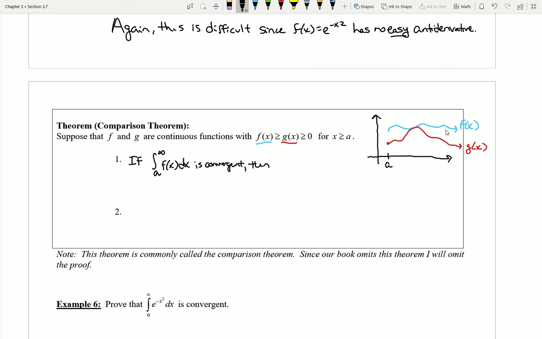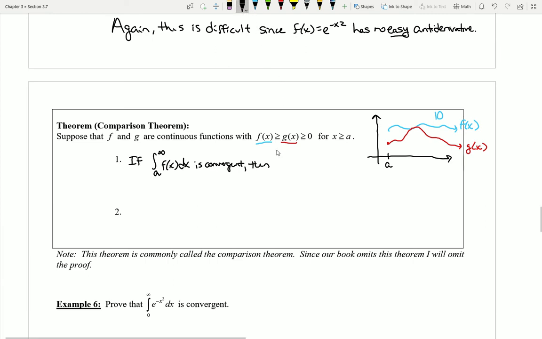Well, it might seem like the blue curve, right? Because it's higher up, so it's got more area beneath it. So if I expect the blue curve to have more area than the red curve, and I know that the area underneath the blue curve is convergent, let's say for the sake of argument, underneath the blue curve there's area 10, then underneath the red curve, doesn't there have to be less than 10?